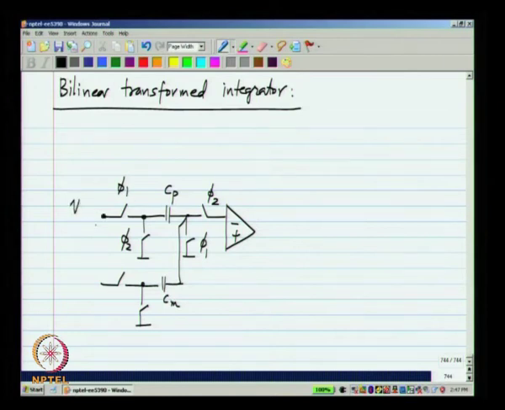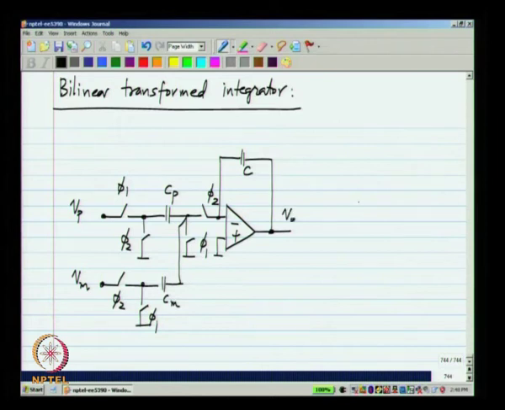The input voltage can be the same or different for these two arms. Let me for now call it Vp and Vm, and this will be phi 2 and phi 1. Okay. They will be in the opposite phases to that one. C.